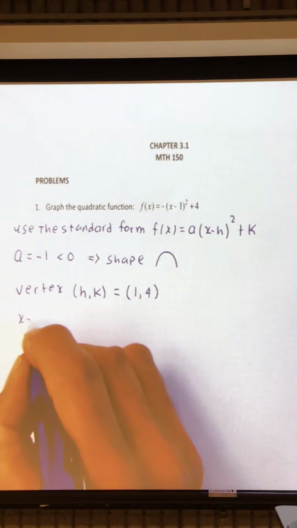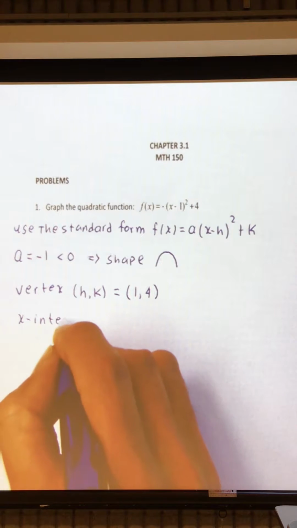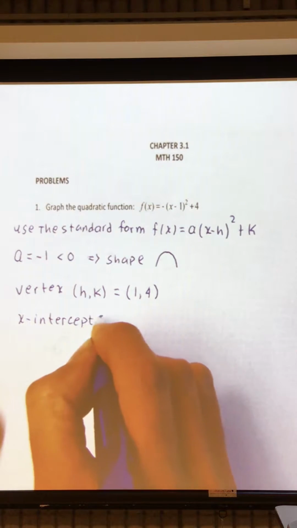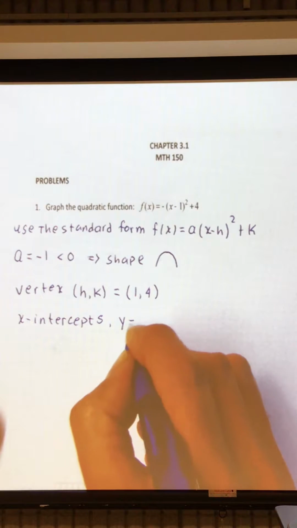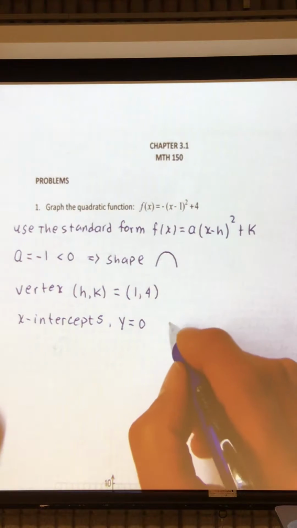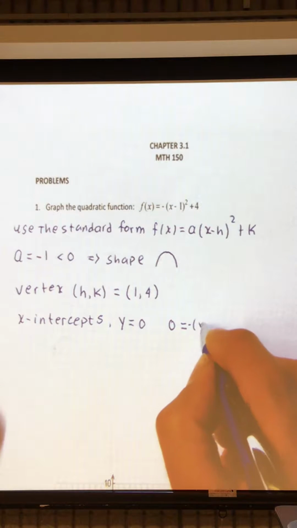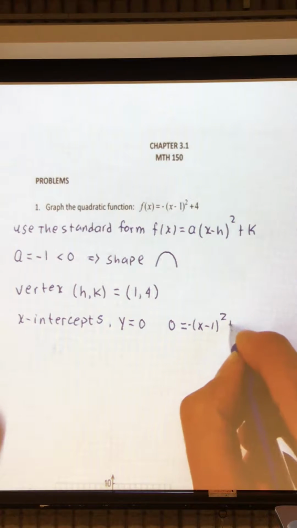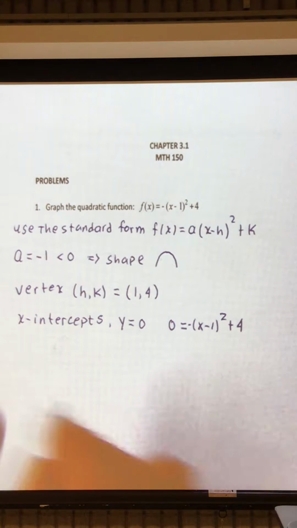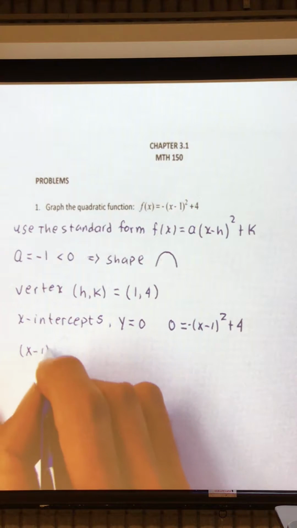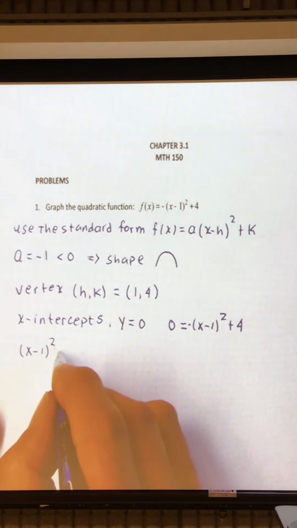We also need the x-intercepts, and to do that, we let the y value be 0. So that means we have to solve the equation 0 equals negative x minus 1 squared plus 4. So to do this, we'll take the x minus 1 squared to the left, making it positive.